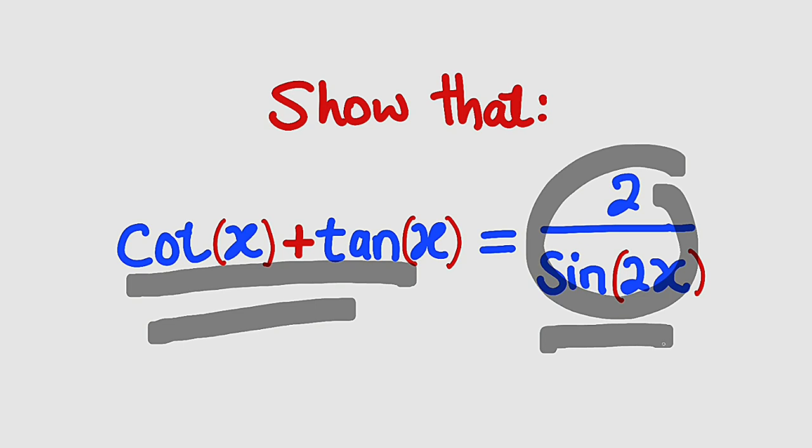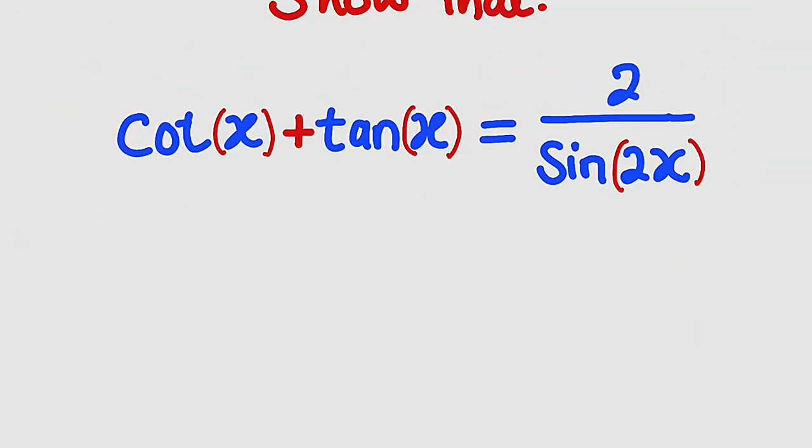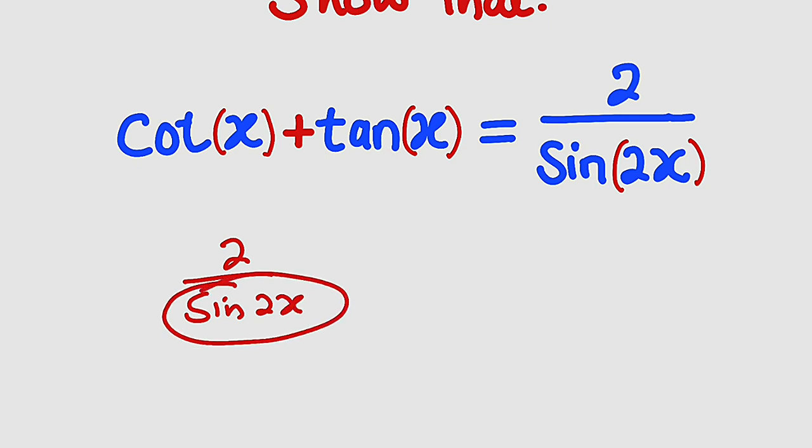Let's start by taking the right hand side and show that it is the same thing as the left hand side. The right hand side is 2 divided by sine 2x. You should remember an identity for sine 2x, which is the same thing as what? 2 multiplied by sine x multiplied by cosine x.